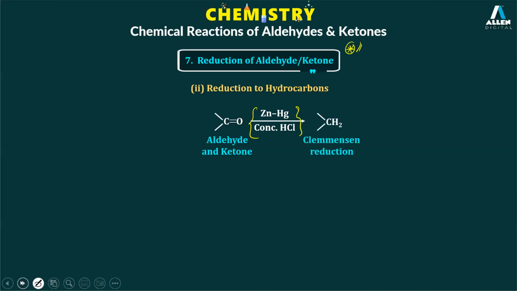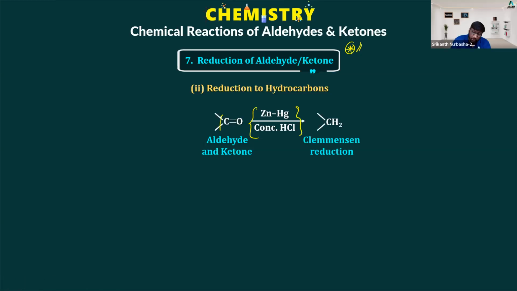No, sir, we should not use it. So the C=O group is going to be converted to the respective CH2. Aldehydes or ketones, whenever you treat them with zinc amalgam in the presence of concentrated HCl, will form the respective CH2 group, C=O to CH2.